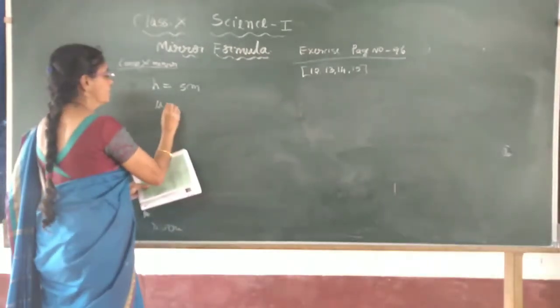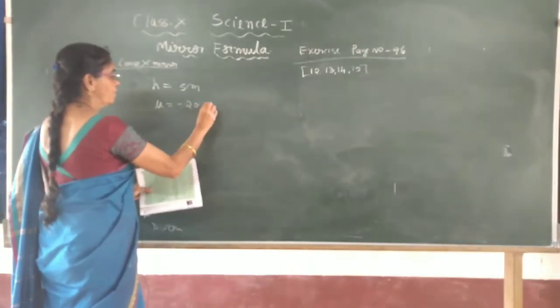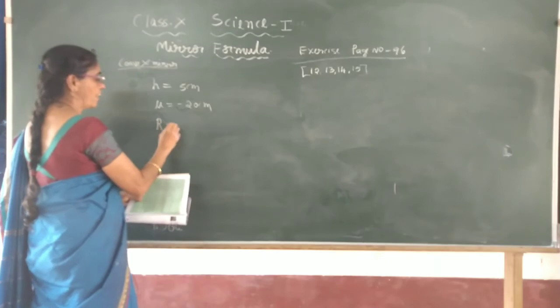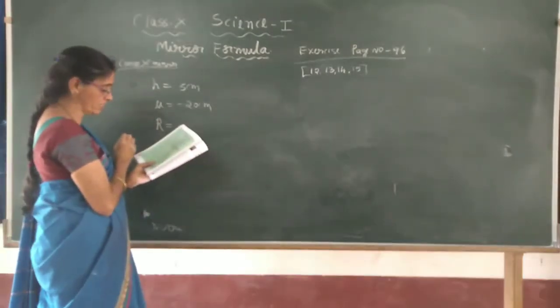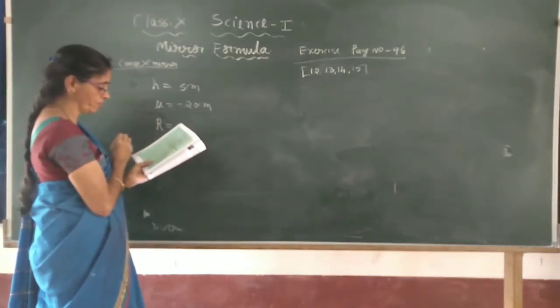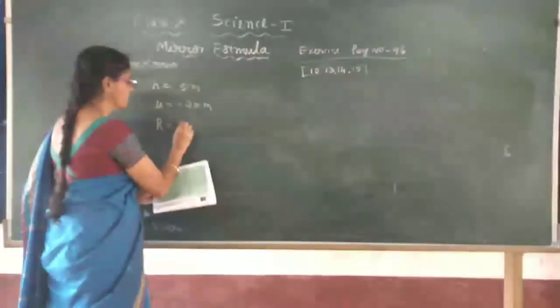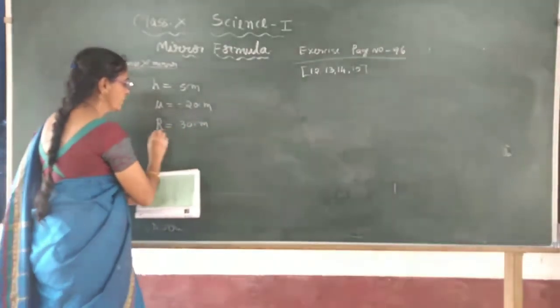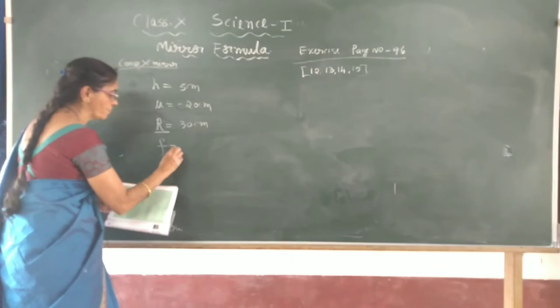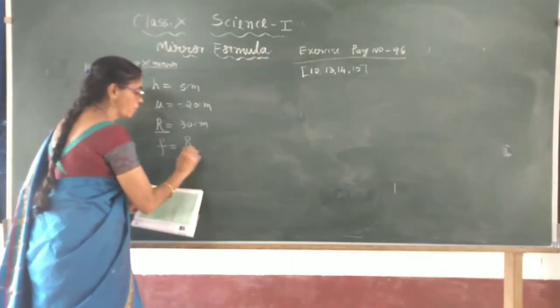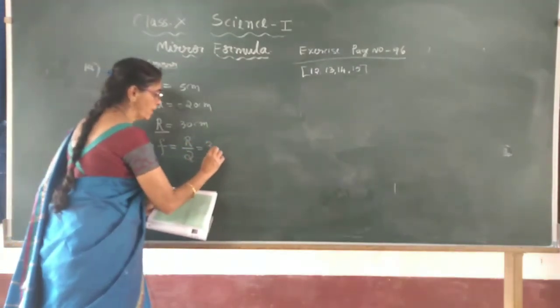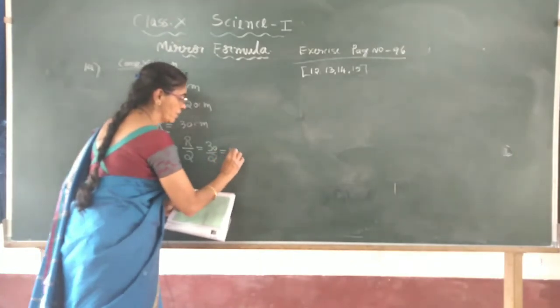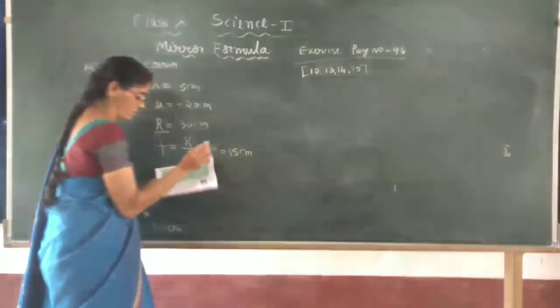So u is minus 20 centimeter. Now radius of curvature r is given, it is 30 centimeter. Now using this we can find the focal length f. Focal length is always r by 2. So it is 30 by 2, which is nothing but 15 centimeter.